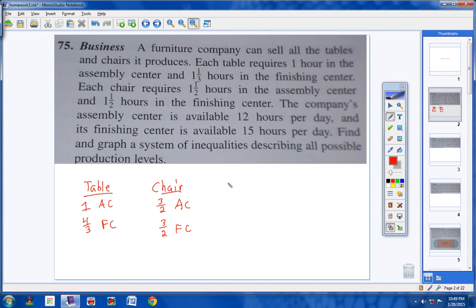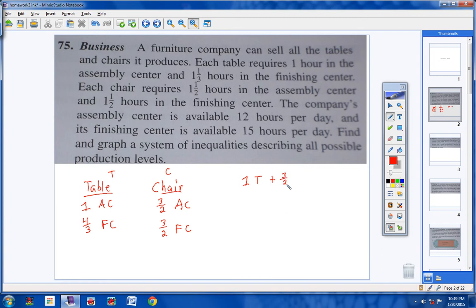So are you ready, students? Here we go. Now, first of all, let's start with the assembly center. Our unknowns are going to be T and C for obvious reasons. So every table gets multiplied by 1, because every table takes 1 hour in the assembly center, plus every chair takes 1 1/2 hours.